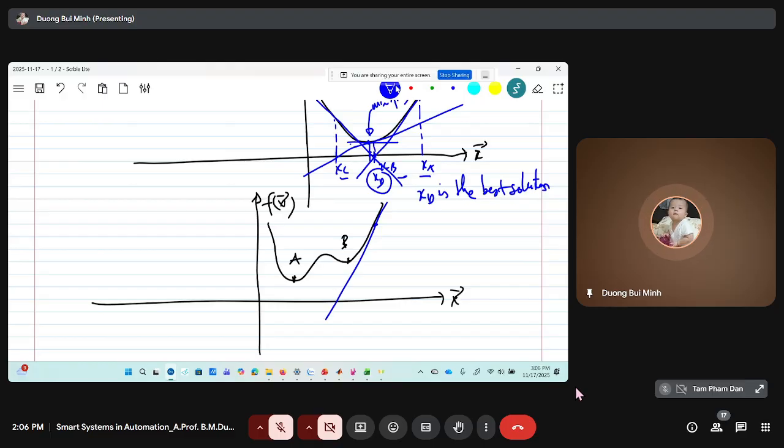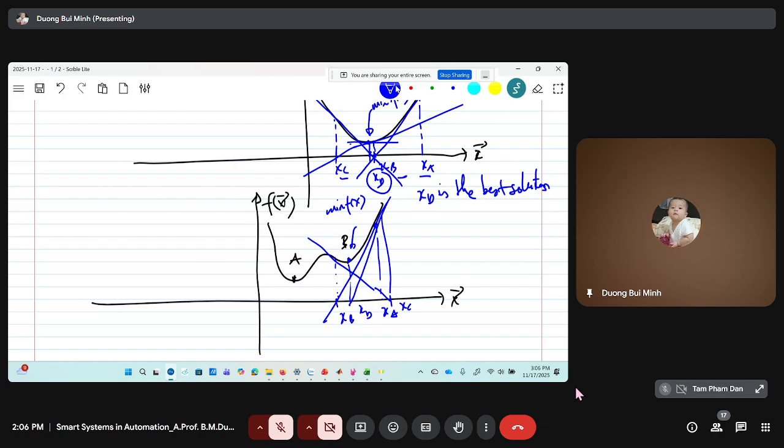You draw again and get xb, then draw again and get xc, then continue and get xd. Now you say the minimum of f(x) is here.